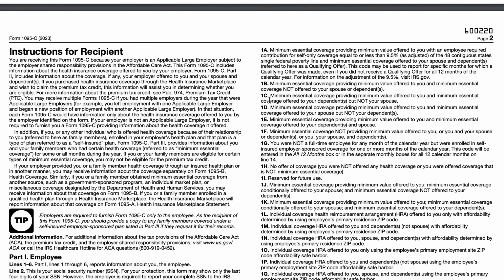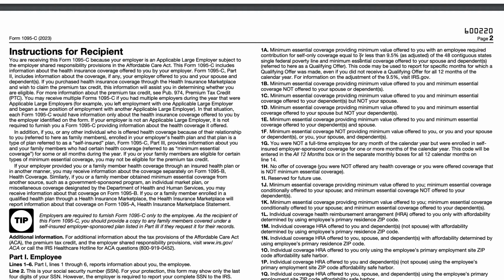So what that means is that's the baseline of what minimum essential coverage is. Let's imagine that the single federal poverty line number is $1,000 per month. In that case, the minimum essential coverage requirement would mean that coverage should be available to a single person for $95 per month or less. That's only for the single coverage.